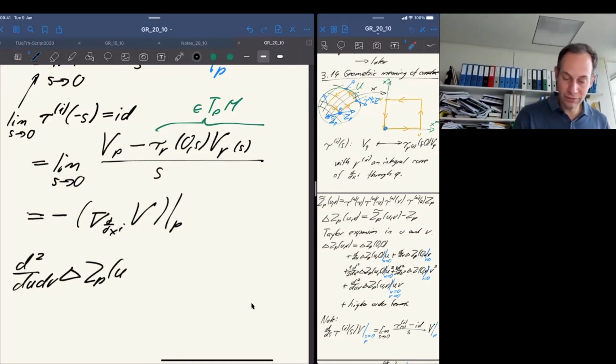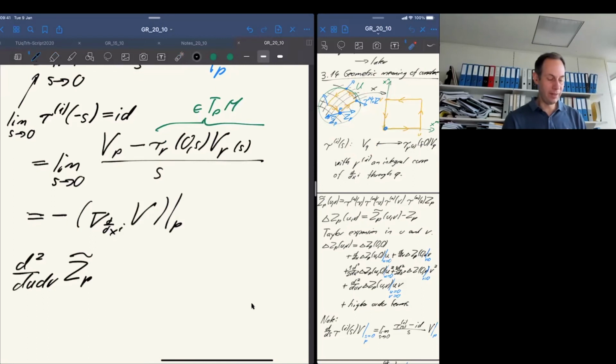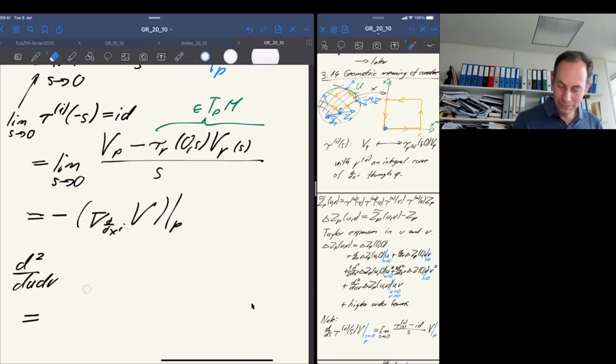Actually, instead of delta Z_P, I could just write Z tilde P, because delta Z_P and Z tilde P just differ by Z_P itself, but Z_P is a constant, so if I take the derivative, this doesn't change. Okay, anyway, I think it's not useful.